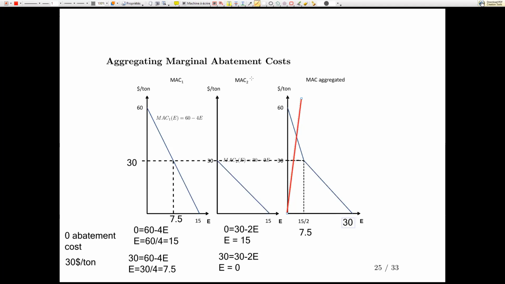That means that firm 2 has abated everything, because it has abated everything anywhere above 30. And then at 45, I would be somewhere like here. So that would probably be something like 7.5 divided by 2, so 3.25. No, 3.25.